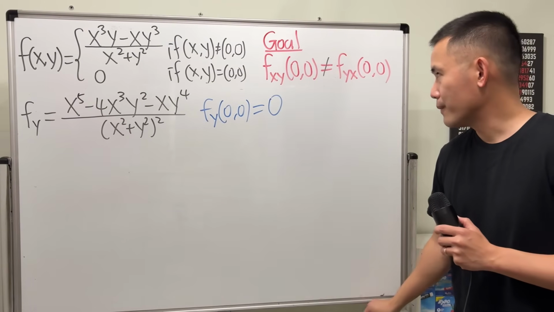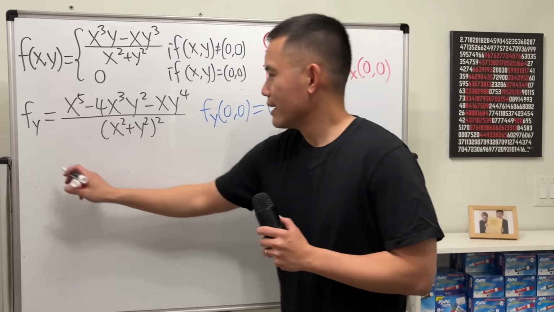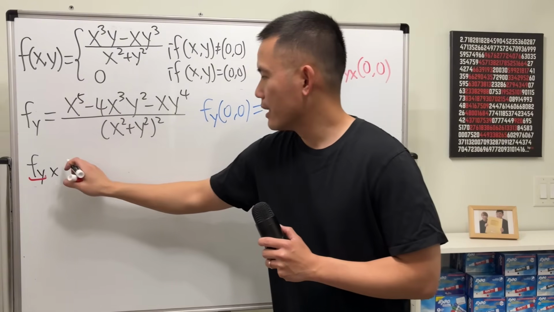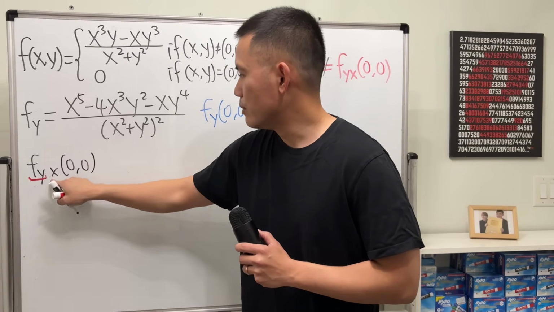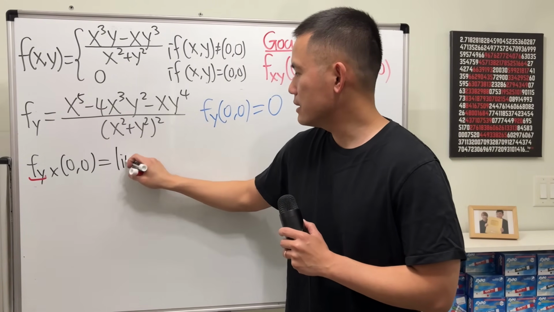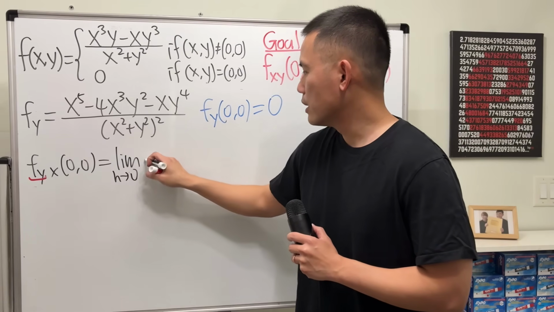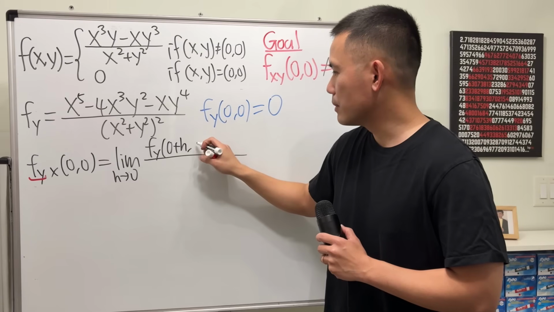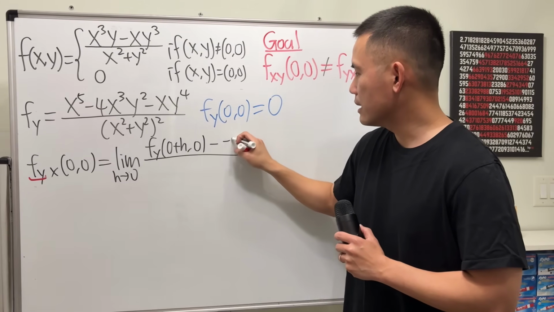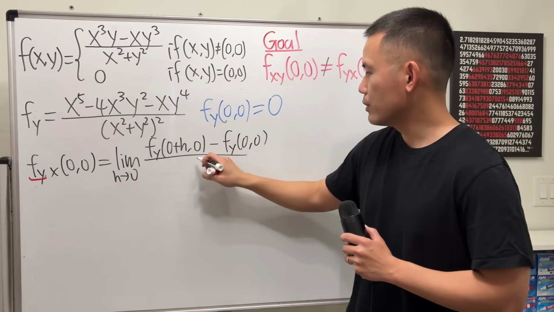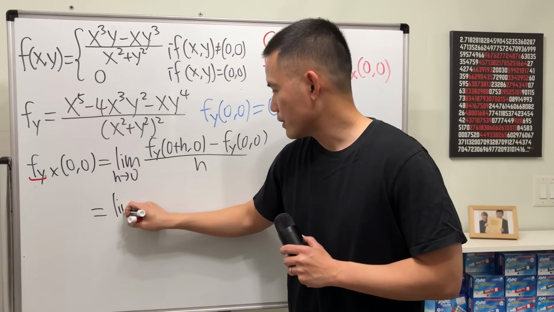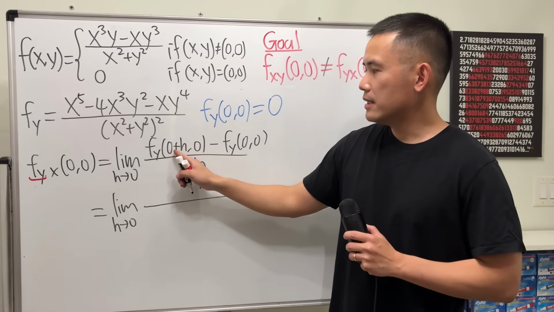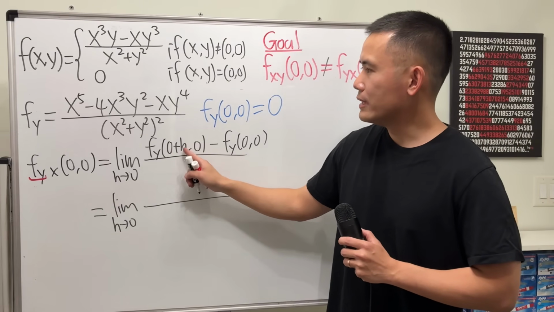Okay. Now, for this right here, f sub y of x, we look at this as our function. And then remember x is the variable, so we do the limit as h approaching 0, and we will have f sub y at 0 plus h, comma 0, and then minus f sub y of 0, 0 over h. So limit as h approaches 0. Okay, this is plugging h into all the x's.